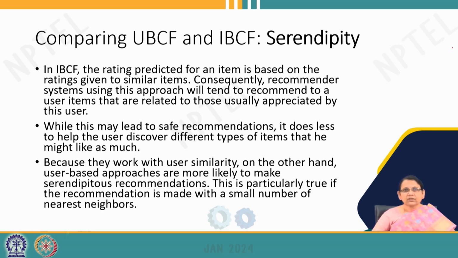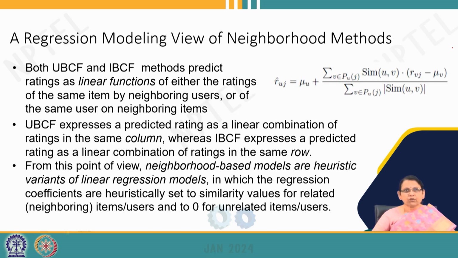But in case you want to provide some kind of diversification to the recommendation, then you are supposed to look at what other people with similar interest are watching. So, as a result, UBCF is going to give better value for this particular metric.